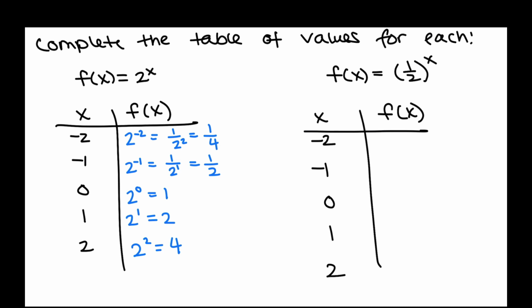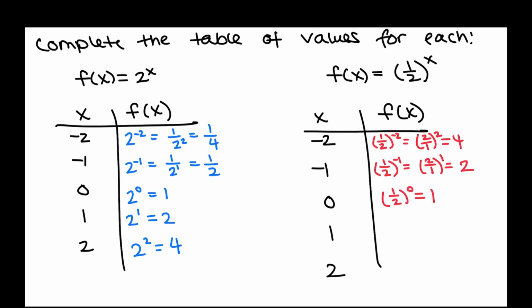2 to the x means your y values double. All right, what about 1/2 to the x? If I plug in -2, 1/2 to the -2, negative exponents mean reciprocals, so I can flip it and make the exponent positive. I get 2 to the 1 squared, that's 4. 1/2 to the -1, flip it, make the exponent positive. 2 to the 1 is 2. 1/2 to the 0 is 1.